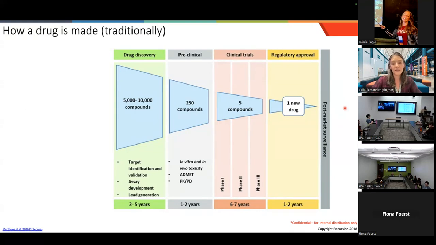This first part is what we're going to spend the most time talking about, the drug discovery process. This is a part where you get a lot of failure actually. And it's better if you fail more here versus in the later stages, because the later you go, it's more expensive and you start getting into humans.